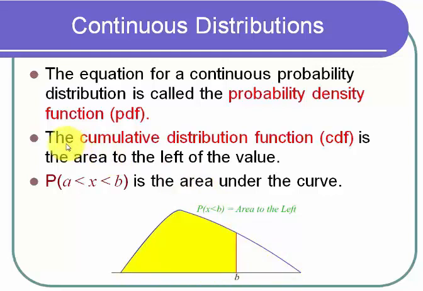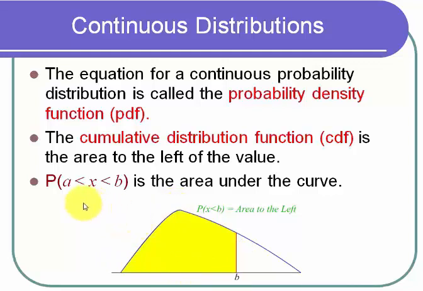I'm going to define the cumulative distribution function as the area to the left of some value. So here's a value b. The cumulative distribution function is the area to the left of b above the x-axis and below the curve.